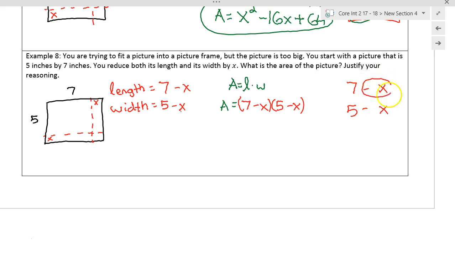Let's start with the negative x. Don't forget to include the sign. Negative x times negative x is x squared. Negative x times 5 is negative 5x. 7 times negative x is negative 7x. 7 times 5 is 35.